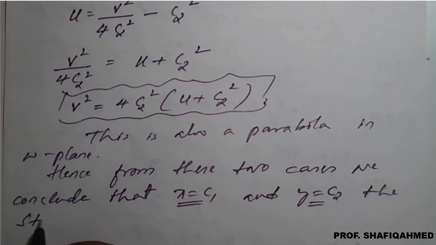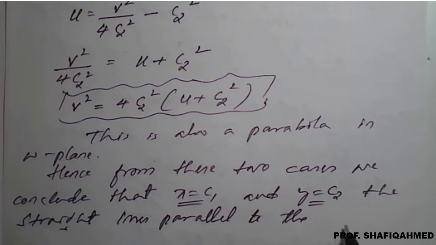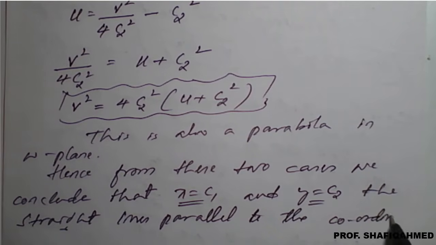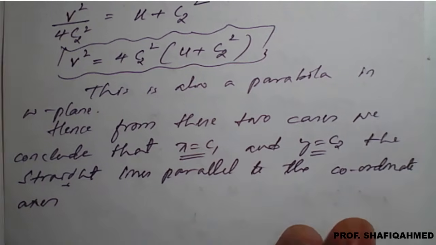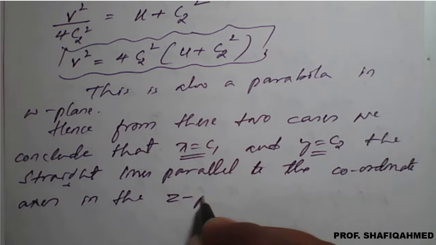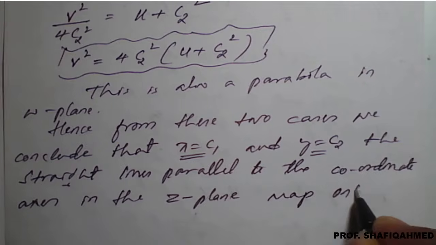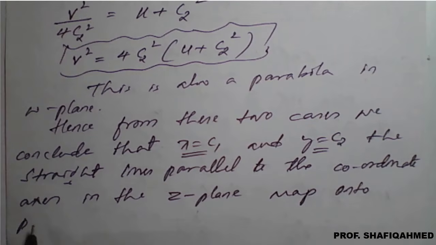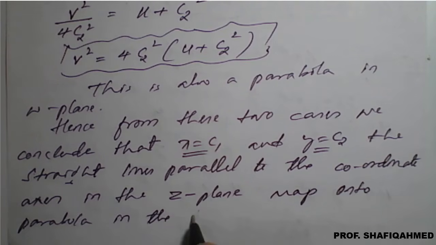The straight lines parallel to the coordinate axis in the z plane map onto parabolas in the w plane.